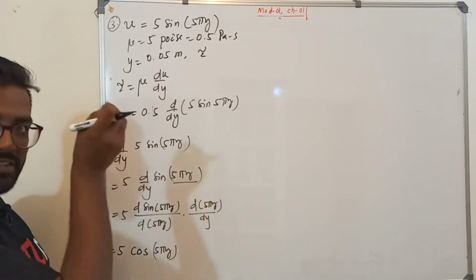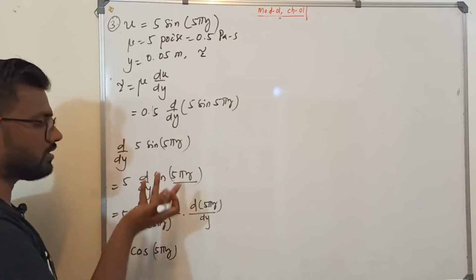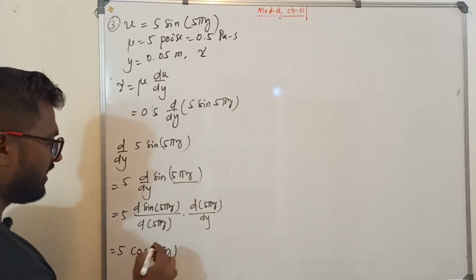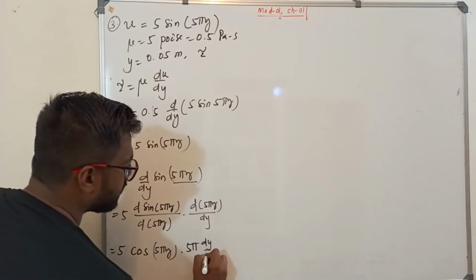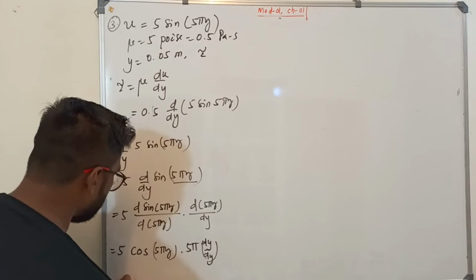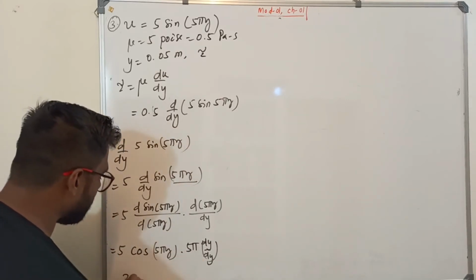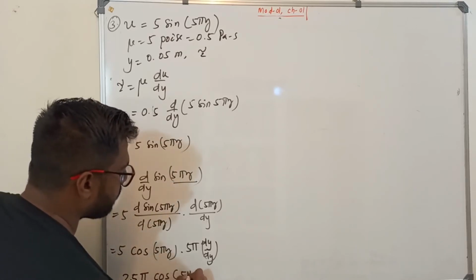You have to balance the theta, so you use chain rule. 5 pi is the constant, dy by dy is 1. So bring 5 into 5 pi: 25 pi cos 5 pi y.